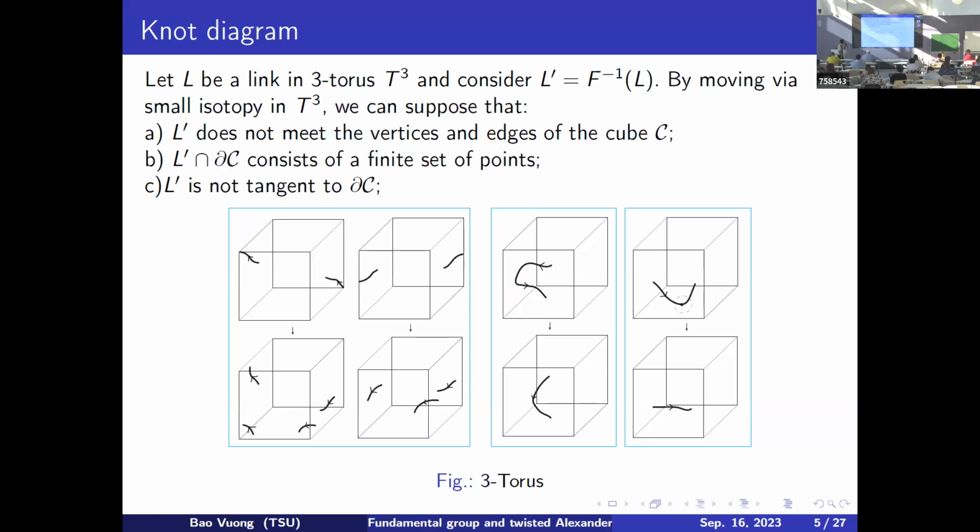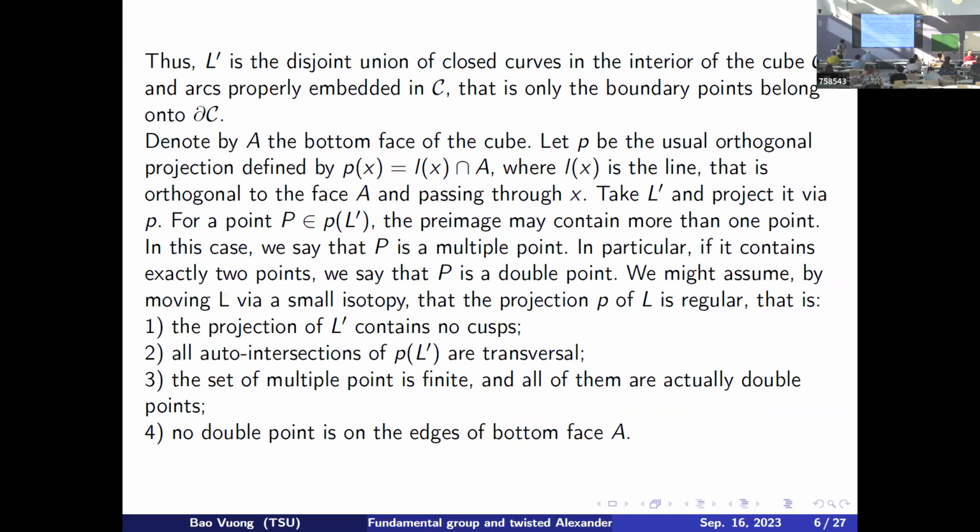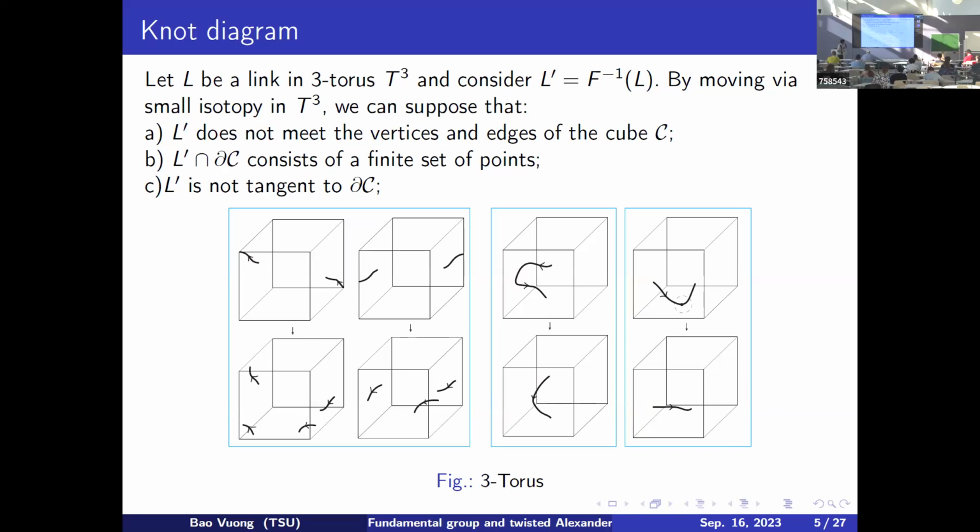So we restrict to the case that the link in the cube does not intersect the vertices, does not intersect the edges, and the curve in the cube is not tangent to the faces of the cube. This will be considered a regular embedding.